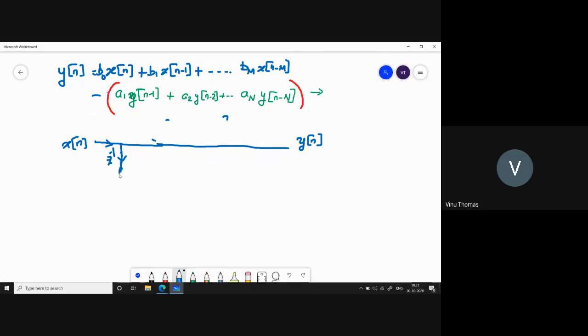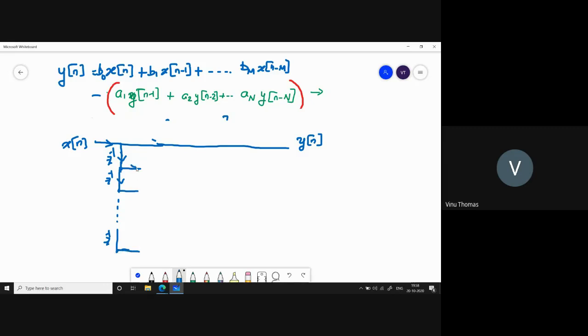Then again, I will take another z raised to minus 1, so this will be x of n minus 2. And likewise, I will take m such delay elements, and finally I will be getting x of n minus m.